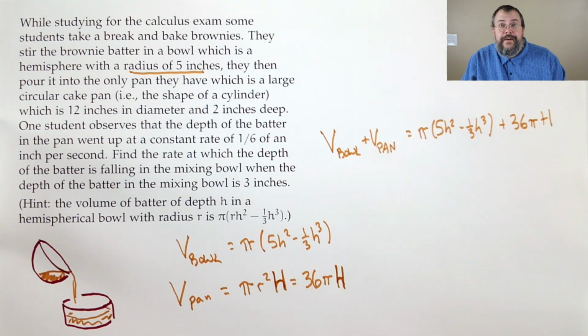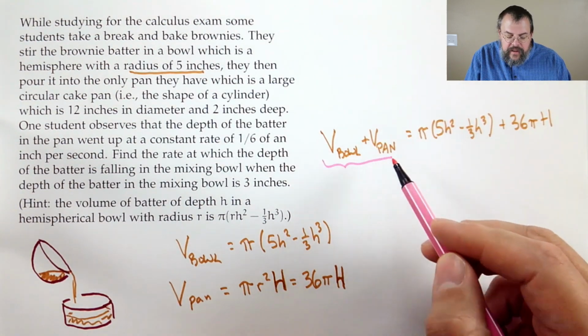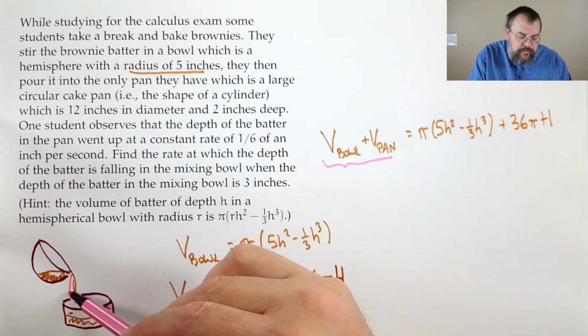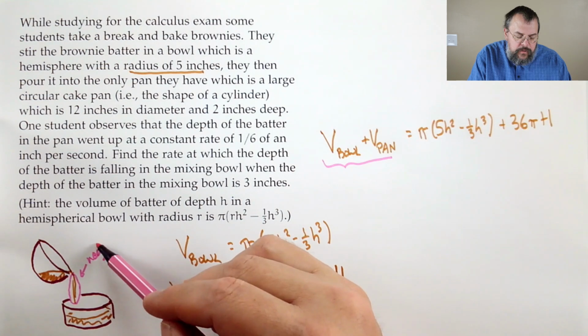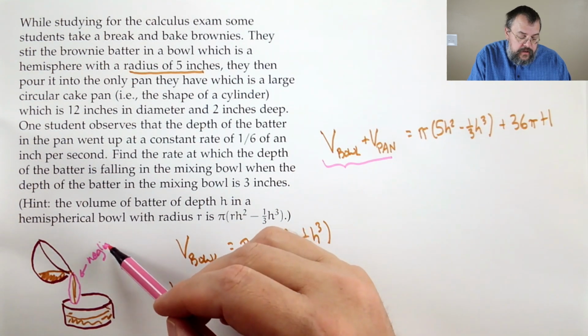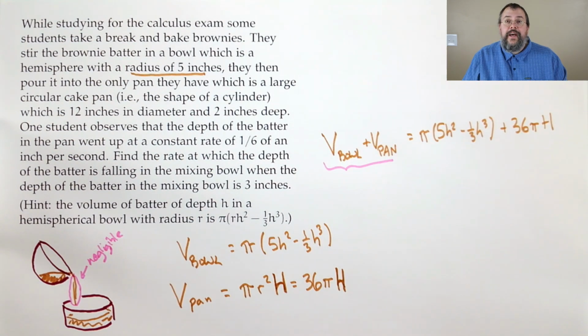You might say, I don't think there is something nice, but let me just make an argument here. When I look at this, let's just say the amount of batter that's hanging in the air is negligible. I think that's how you spell negligible. That's a very small amount. We're not going to take that into consideration.